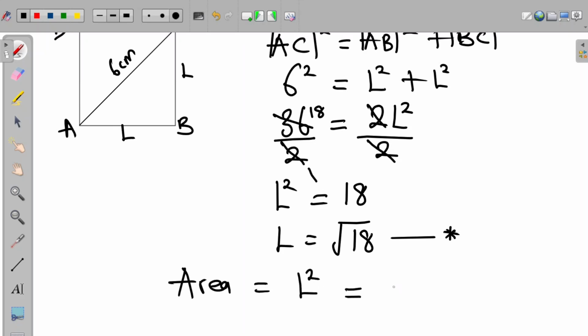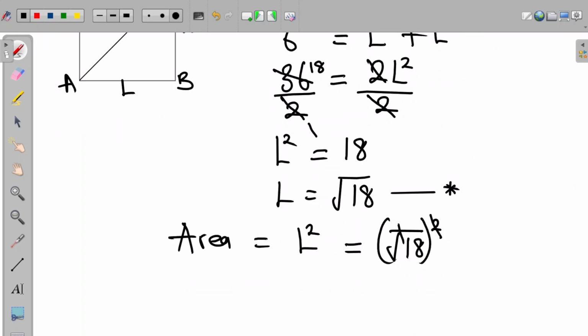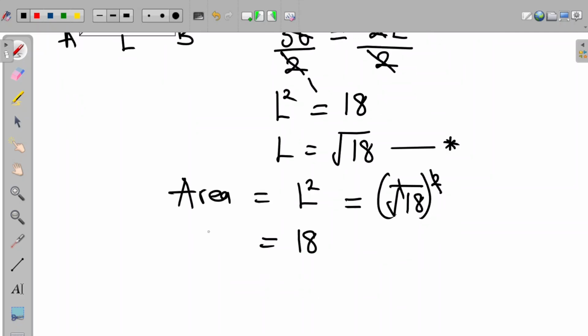So therefore, this will be root of 18 all squared. So square will cancel out square root. So therefore, area is equal to 18. Thus, the area of the square is given as 18 cm squared.